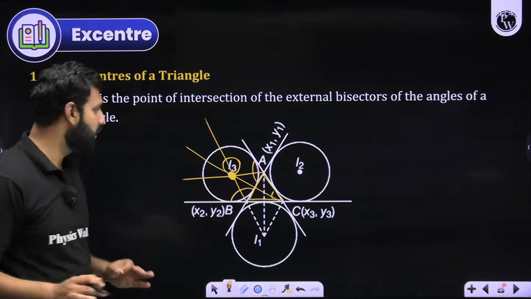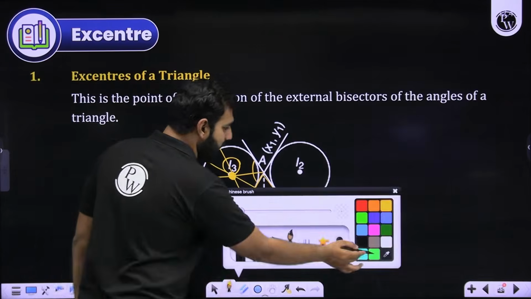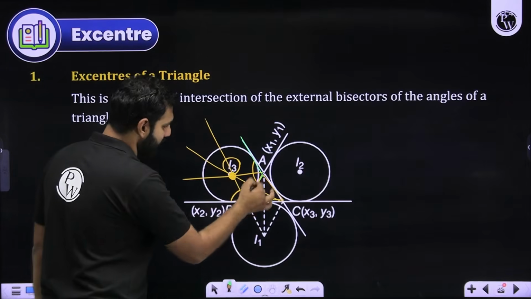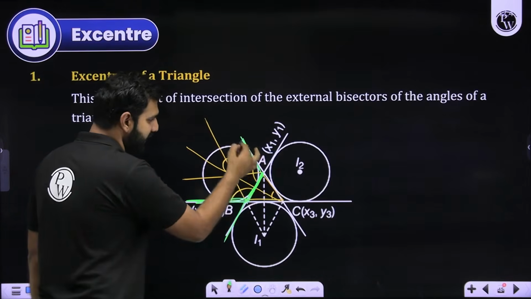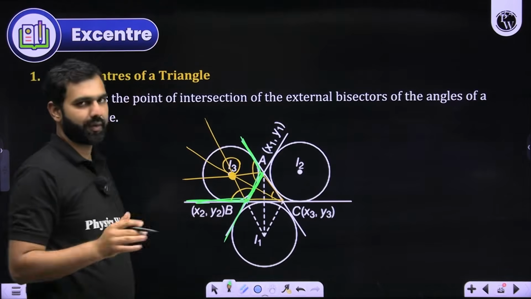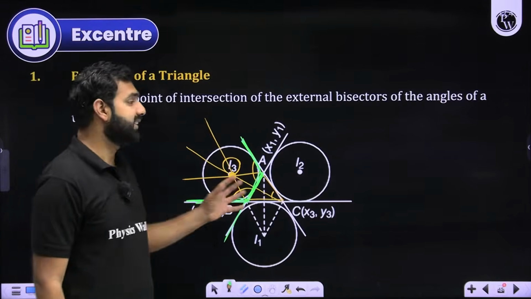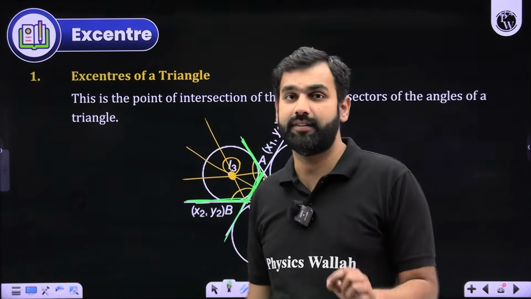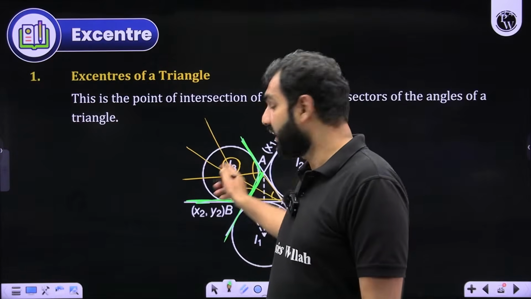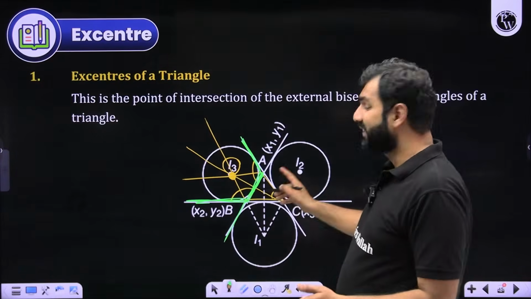What is special about these circles? These circles are also touching all the 3 edges, but this time externally. I hope you're understanding it. So an excircle means, again there is a circle which touches all the 3 edges of this triangle, but externally this time.